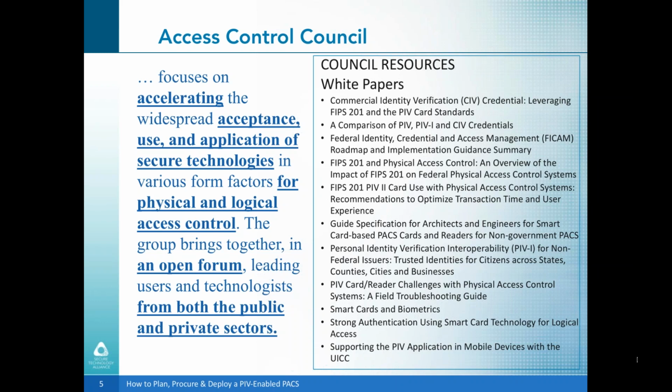Some that I'd like to point out are particularly relevant to today's audience, including the FICAM roadmap and implementation guidance, understanding the FIPS 201 standards for use and access control, guidance for architects and engineers to implement PACS for non-government, the role of smart cards and use of biometrics in access control systems, a paper on logical access control, and using PIV credentialing on mobile devices. And we welcome you to look up some of those resources and review them at your leisure.